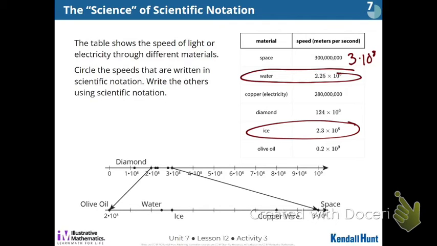So looking at 280 million, how can I write that one in scientific notation? Troy, what does my first number need to be? 2.8. First number.